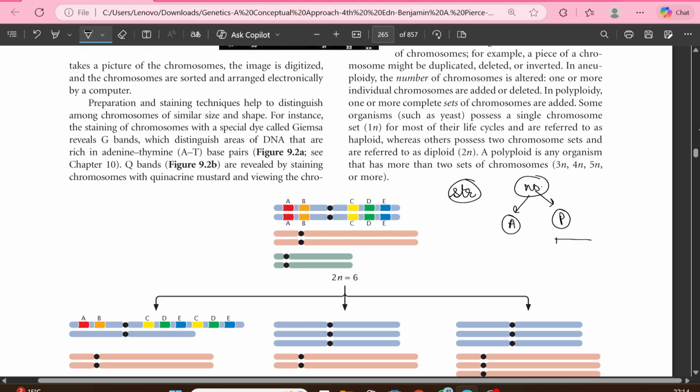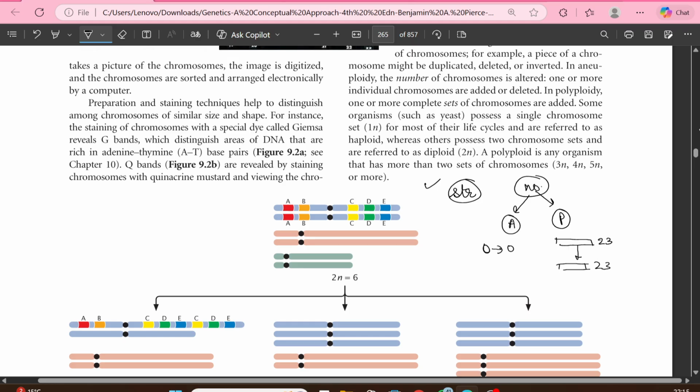But in polyploid, the whole set of, like suppose if we have 23 chromosomes in the haploid set, so whole 23 and again 23, this much amount of chromosomes will be coming. So that is the condition of polyploidy. Whereas in aneuploidy, only one of the chromosomes gets duplicated, but we will study it later on.